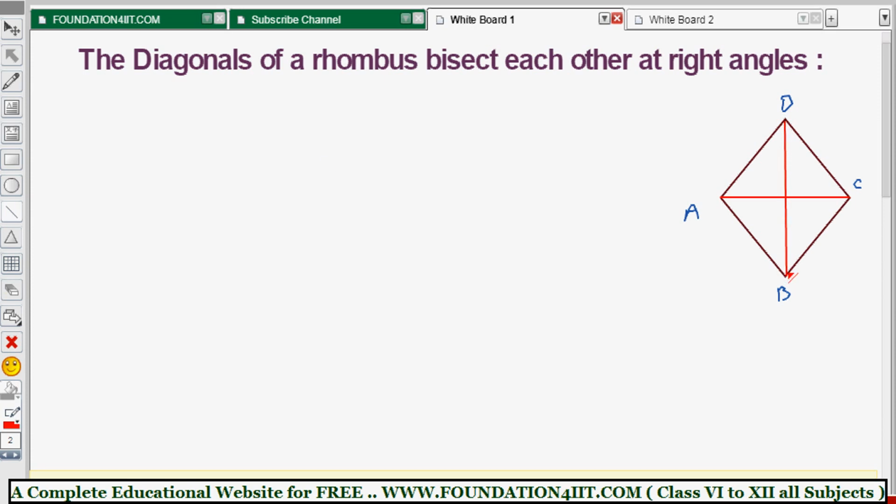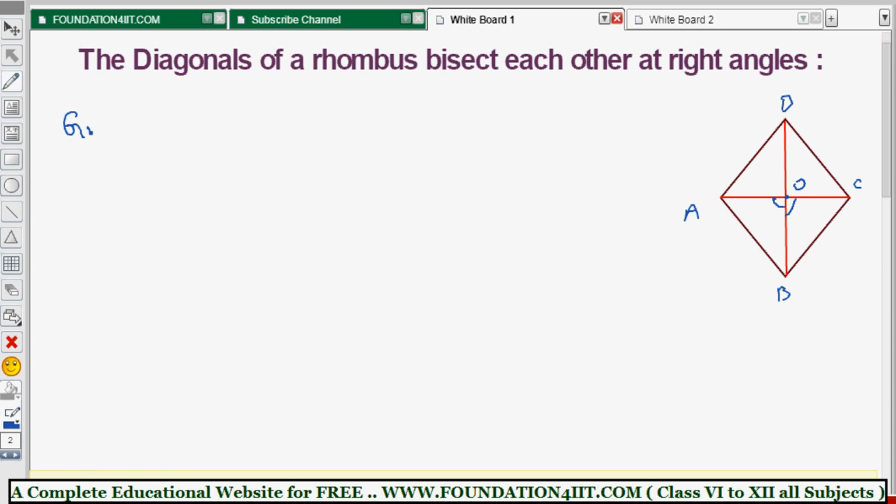They intersect at the point O. According to this theorem, we need to prove OA equals OC and OB equals OD. At the same time, angle AOB and angle COB, two adjacent angles, we need to prove are 90 degrees.